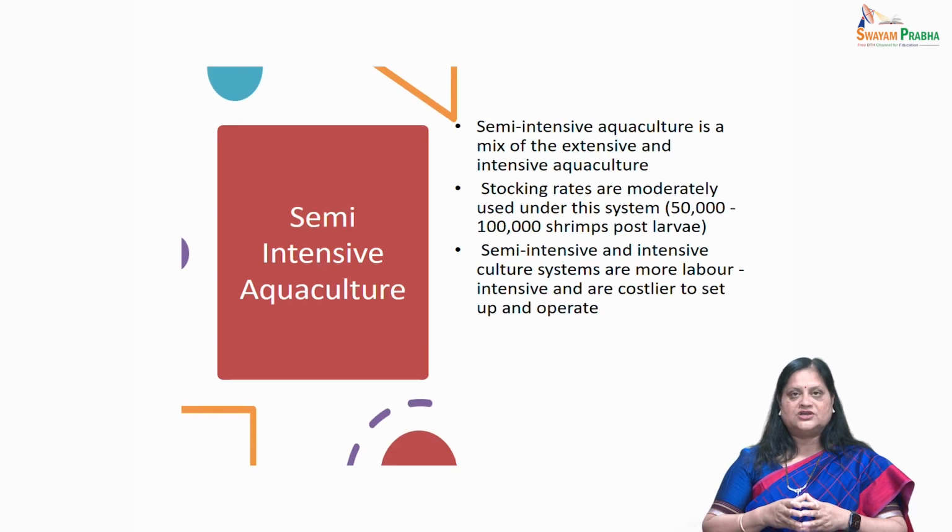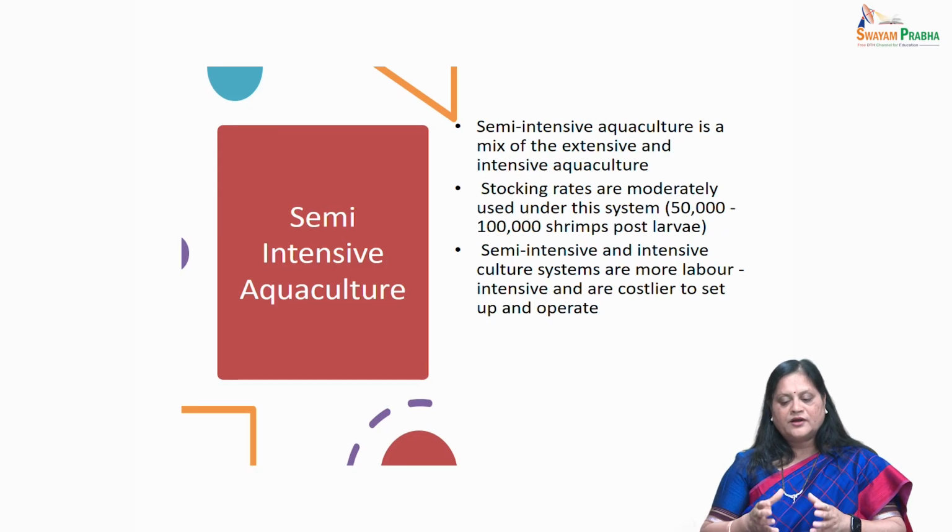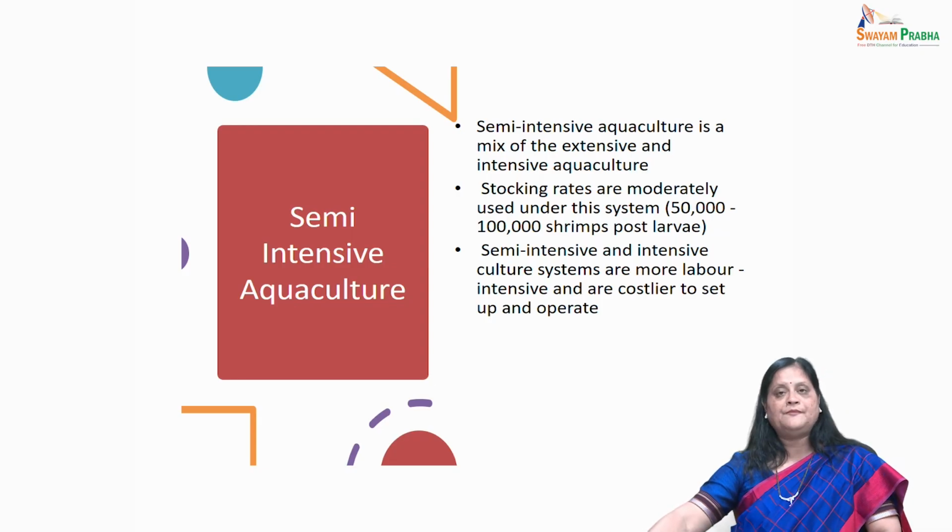Semi-intensive aquaculture. Semi-intensive aquaculture is a mix of the extensive and intensive aquaculture. Stocking rates are moderately used under this system. Semi-intensive and intensive culture systems are more labor intensive and are costlier to set up and operate.